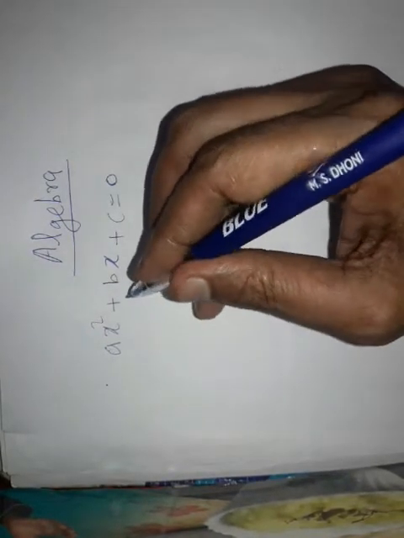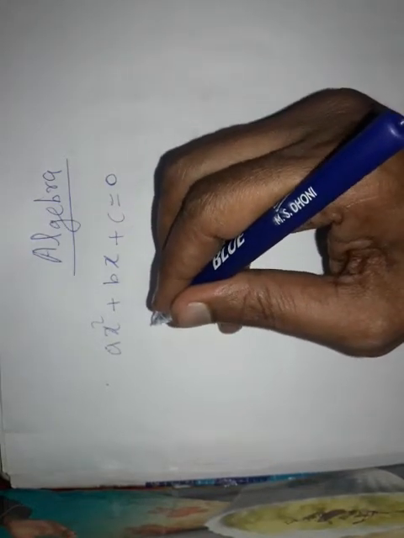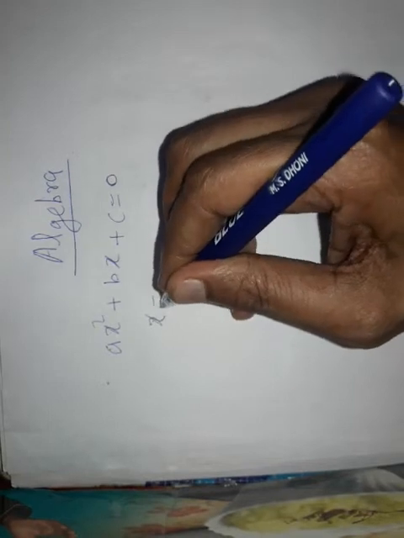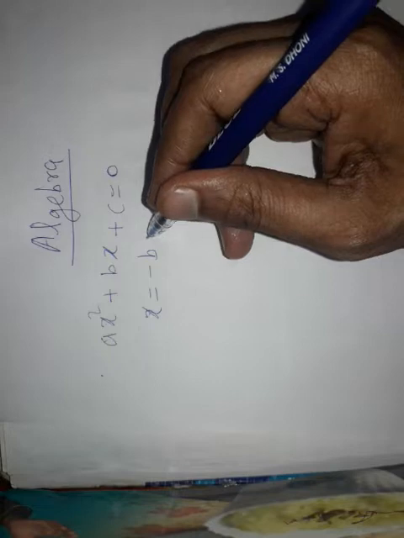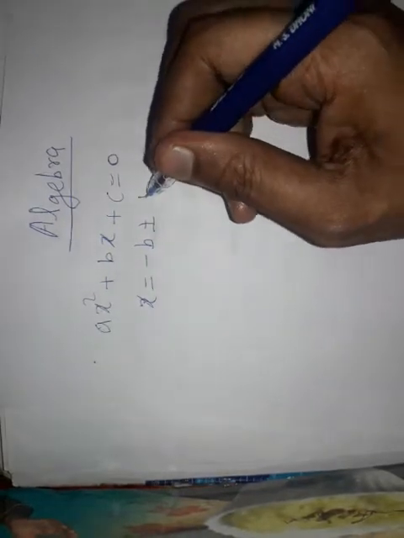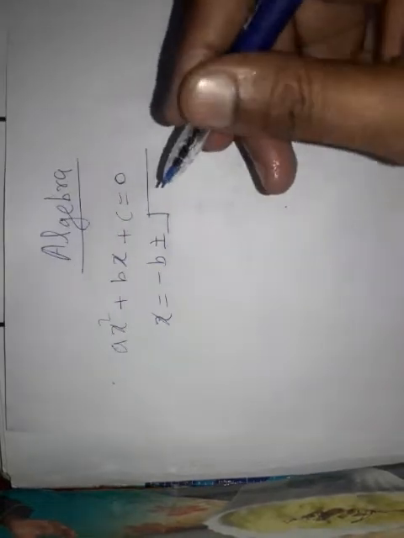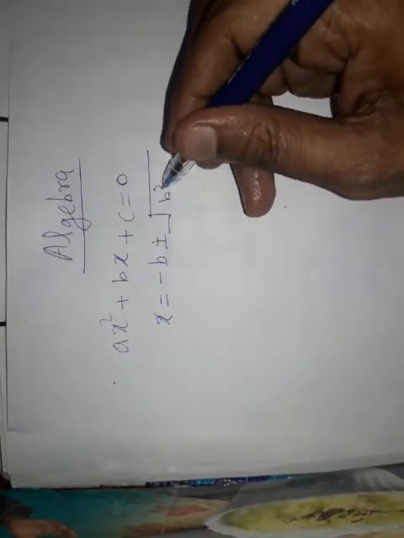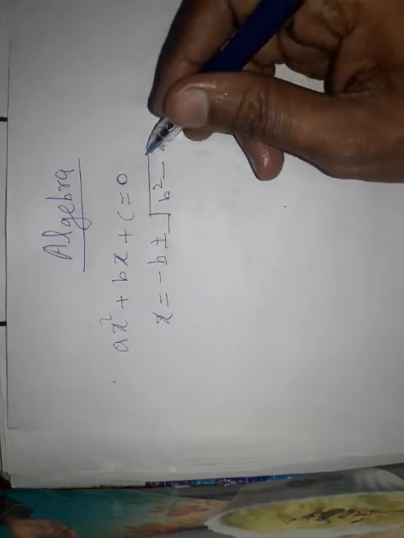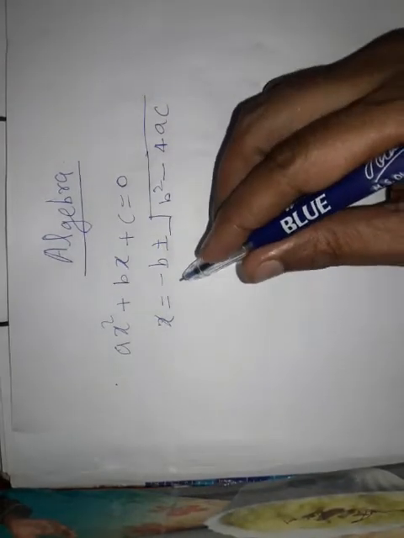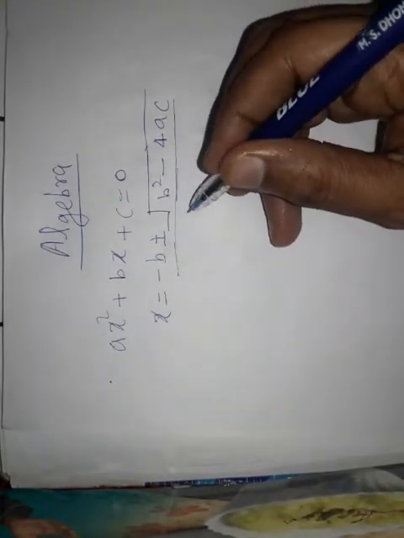The solution of this equation can be determined by using Sridharacharya's formula, which is as follows: x equal to minus b plus minus under root b square minus 4ac upon 2a.